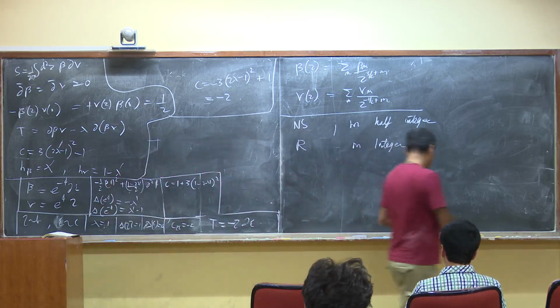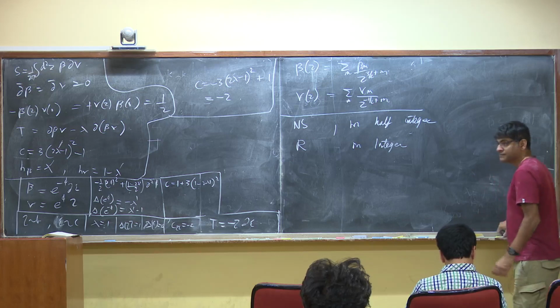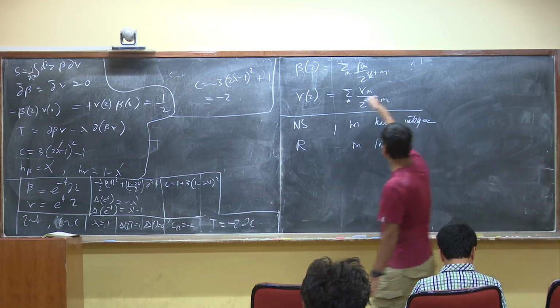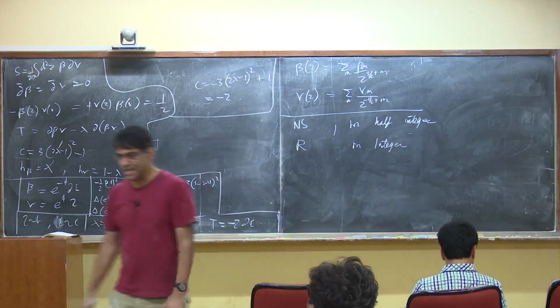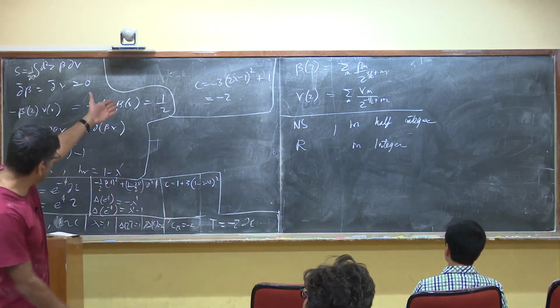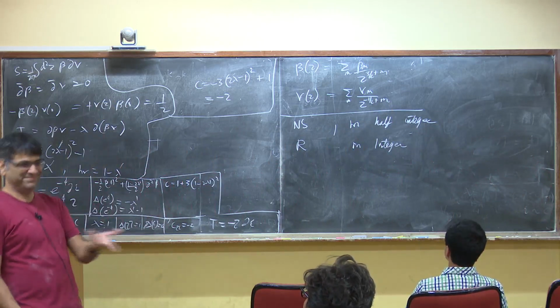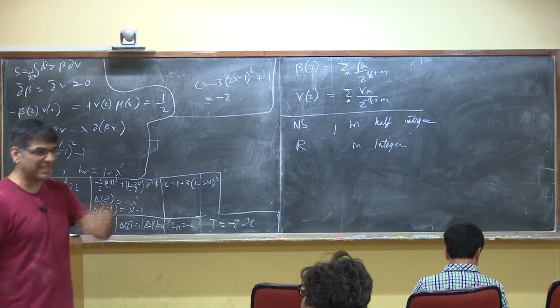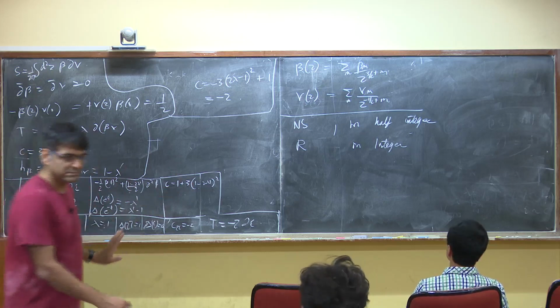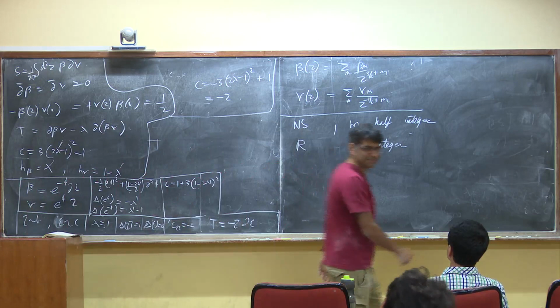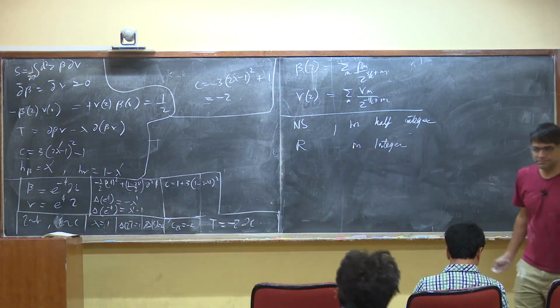But as you wrote over here, this is things on the plane, right? So when we're in the NS sector, things are periodic on the plane, as usual. When we're in the Ramond sector, things are antiperiodic on the plane. It's just like for the ordinary fermions.